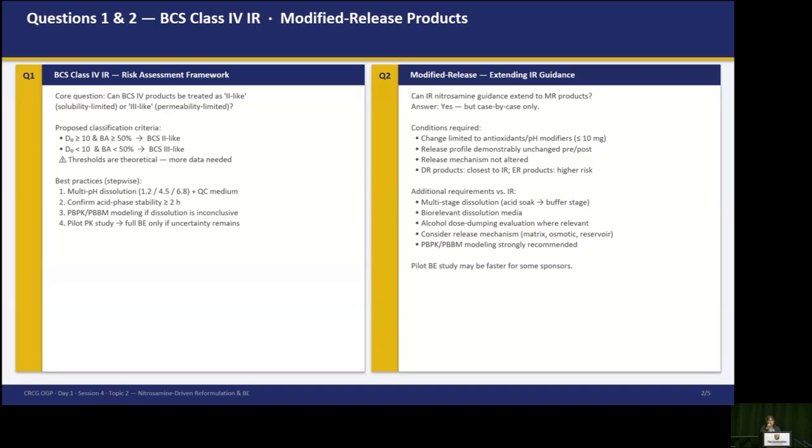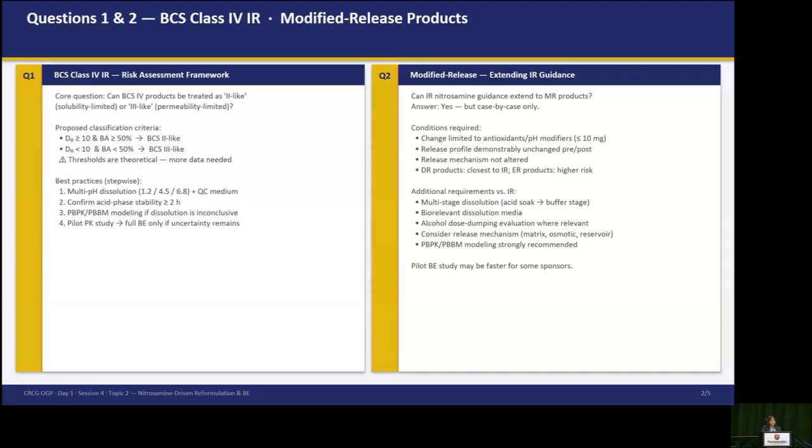We don't have a conclusion yet, but the current thinking from our table is that this threshold is feasible, but we may need more critical parameters, dose number, and bioavailability. These thresholds are feasible, but we need more data to adjust them before we can roll them out for broader applications.